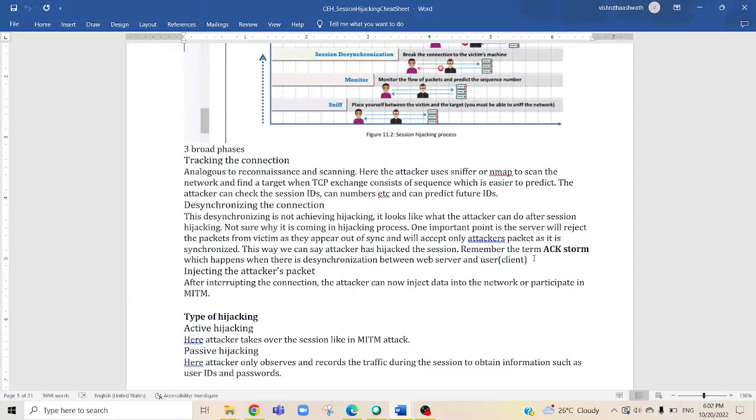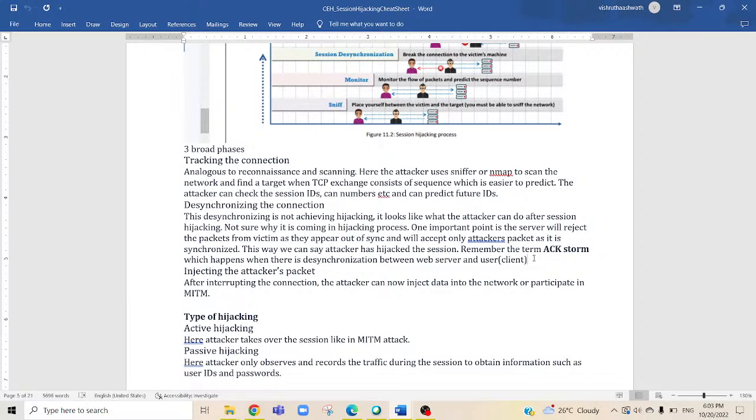So the server will accept, so there will be a lot of packets from the client and the attacker. So that's why it is called an ACK storm. The acknowledgements will be coming from both the attacker and the victim or user or client. So it's called an ACK storm.